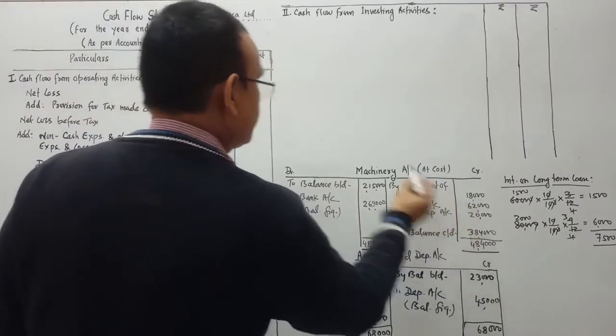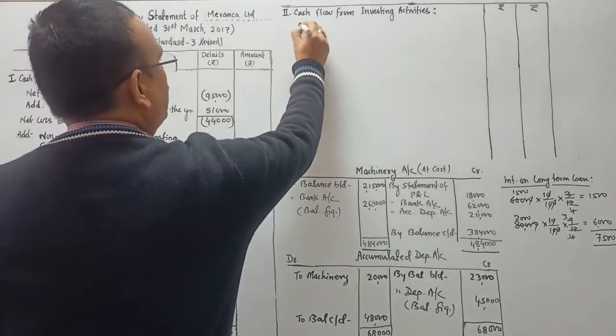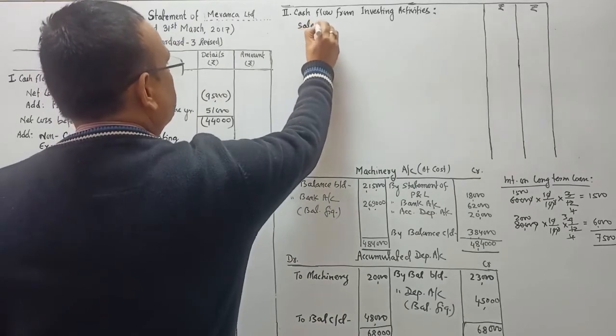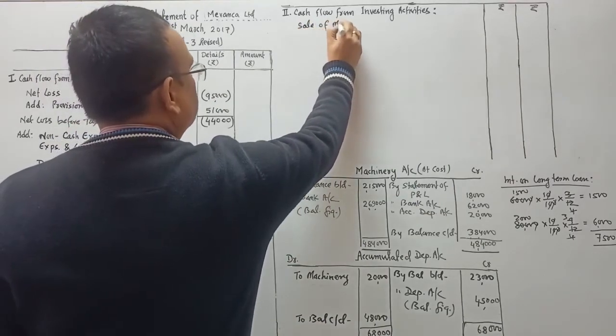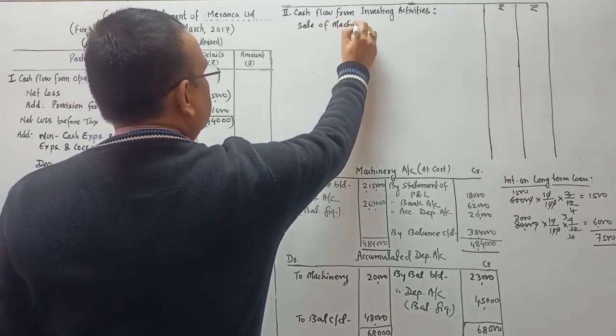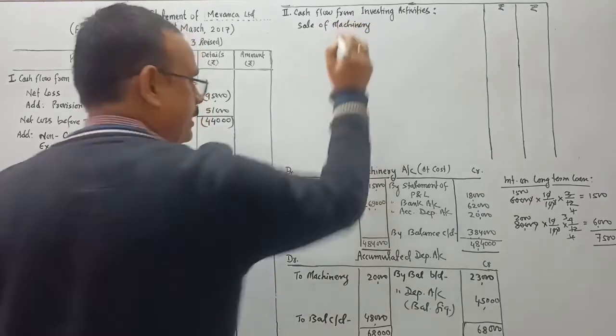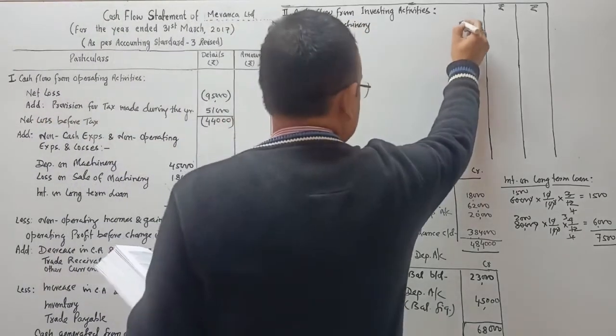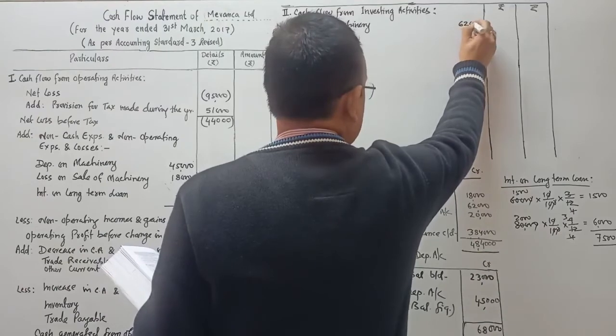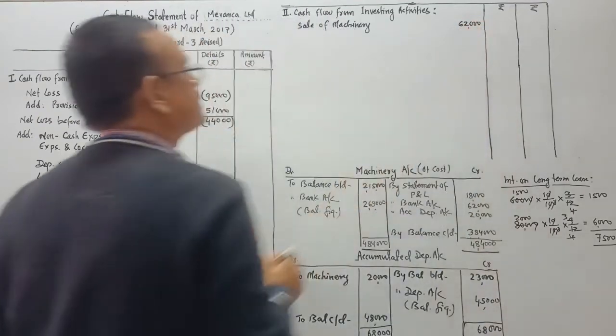It's a sale of assets, sale of machinery. Sale of machinery is 62,000. So this is inflow of cash.